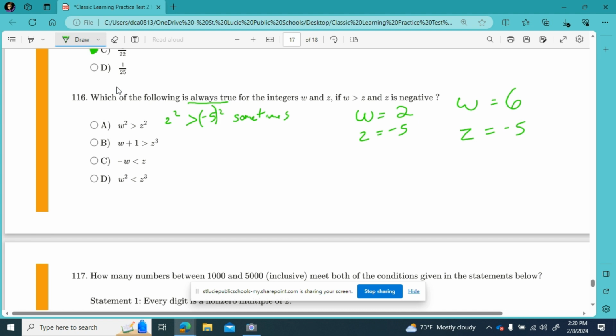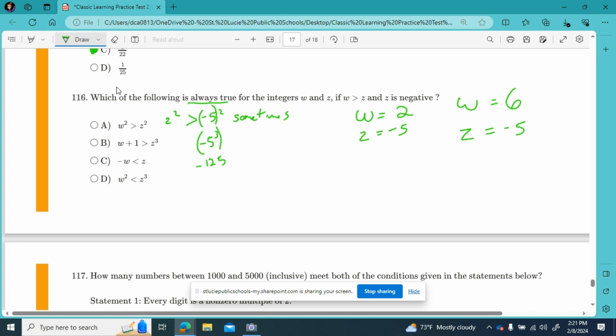Sometimes true. And then we've got w plus 1 is greater than z cubed. Z cubed. Oh, okay. So when z is cubed, negative 5 cubed, it's going to be a negative times a negative times a negative. It's going to stay a negative, negative 125 for my example.